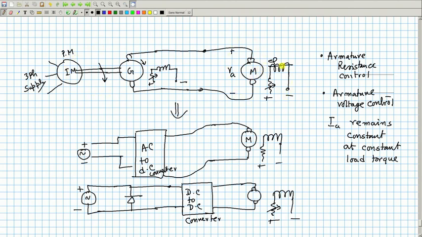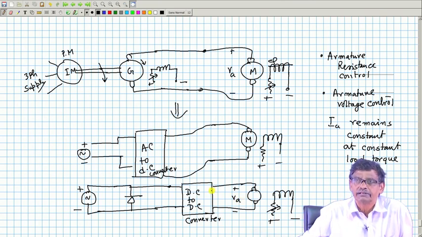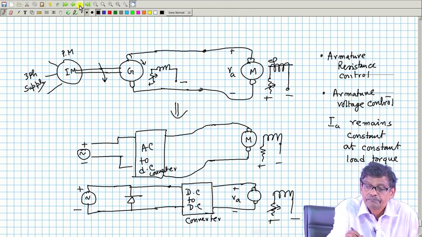This is the motor, I want to control the speed. Now, connect a converter, have some control, so that this applied voltage can be varied, and wherever constant load torque is to be supplied, adopt this method. That is the ultimate conclusion of this method.